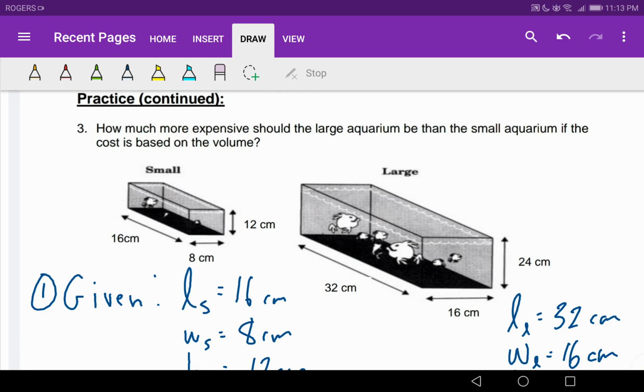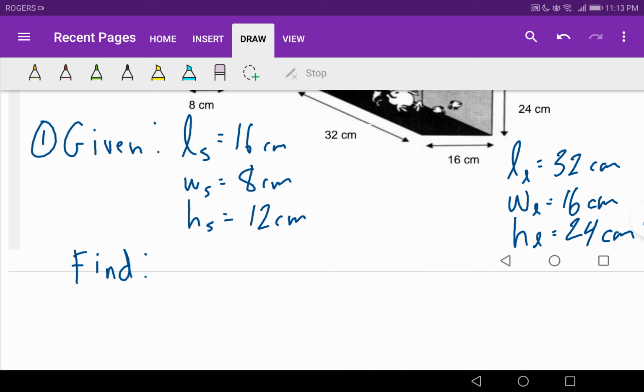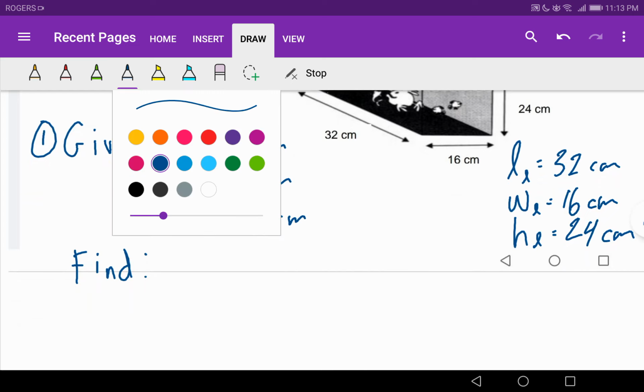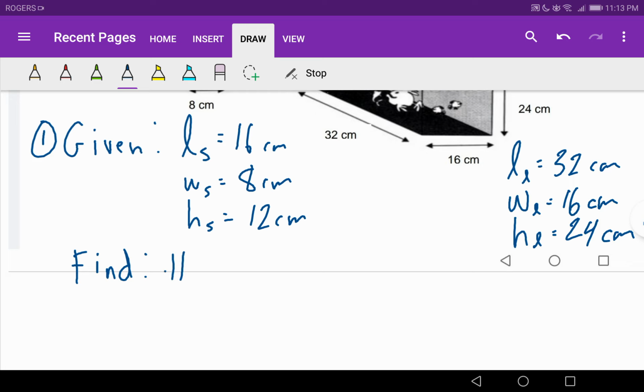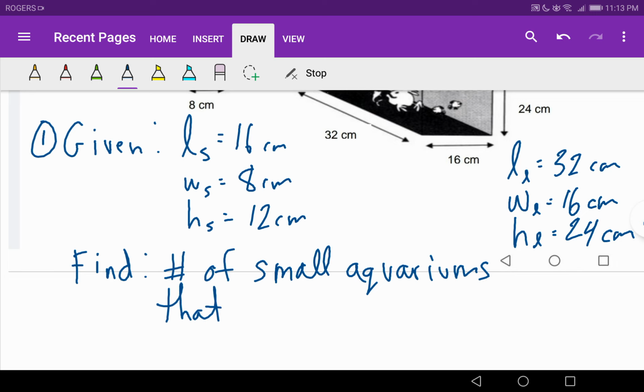That's what we need to find. So, number of small aquariums that fit into the large aquarium.